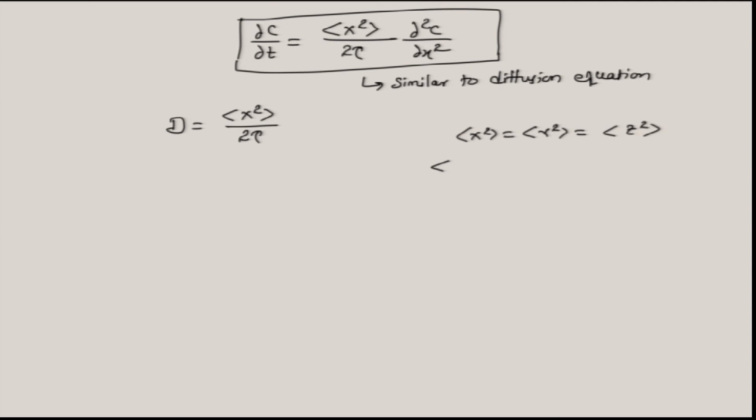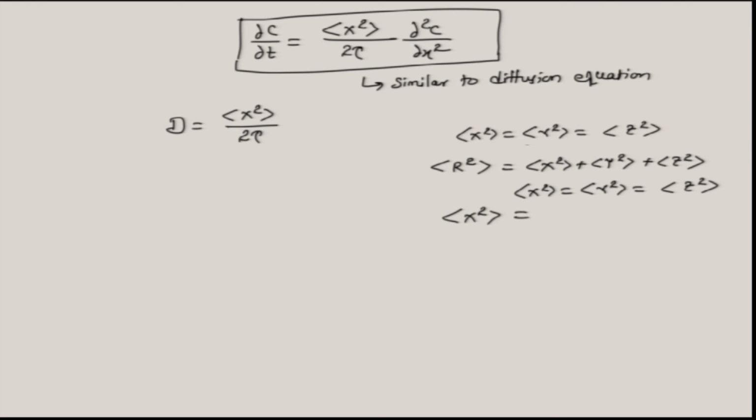So we can write the mean square displacement, the average r square, as average of x square plus y square plus z square, and since they are equal, average of x square is average of r square divided by 3.